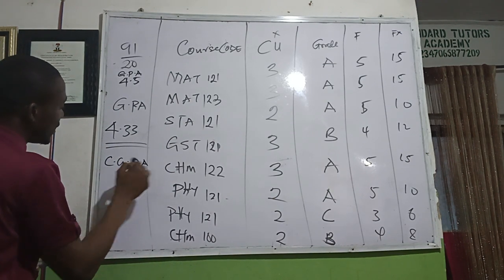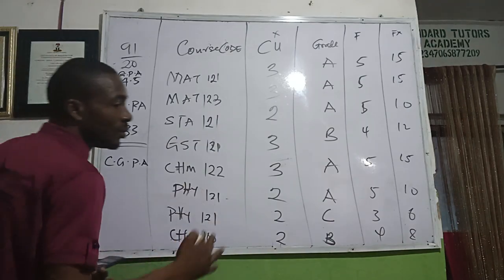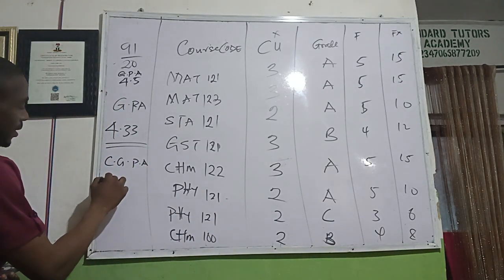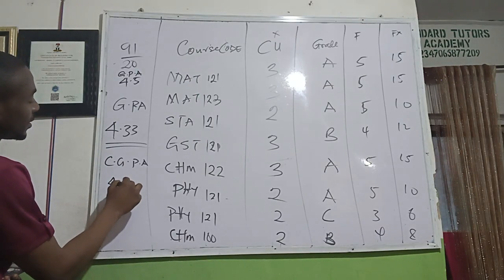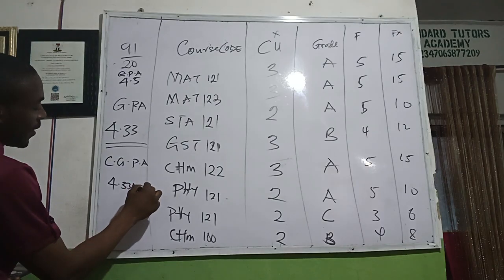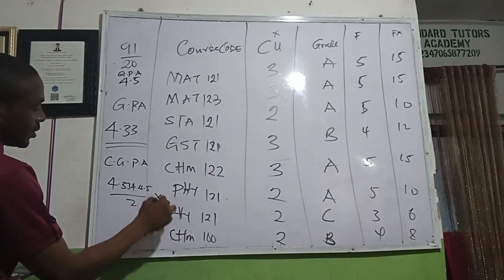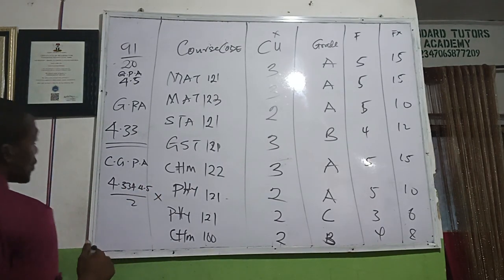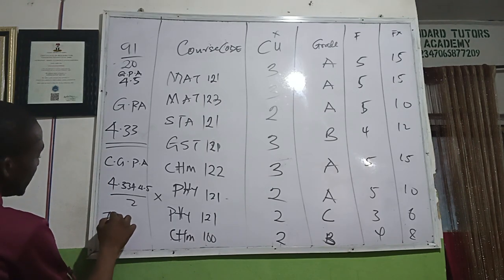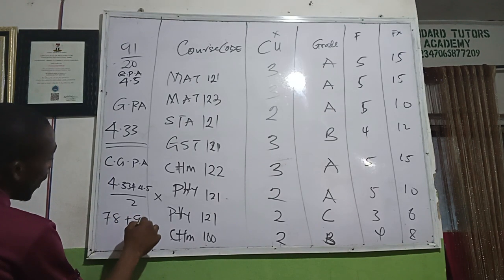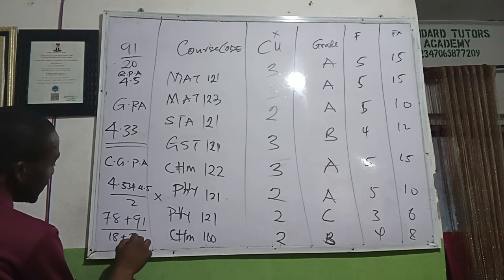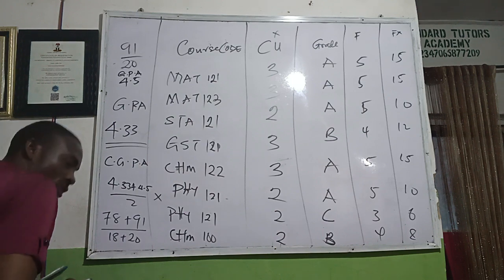Now, how do we calculate our C.G.P.A? That's cumulative. In math, when we say cumulative, we are talking about addition. So it is not literally 4.33 plus 4.5 divided by 2. Actually not. This is what you are supposed to do. You are supposed to add your initial value, which is 78, plus your 91, divided by your 18 plus your 20.